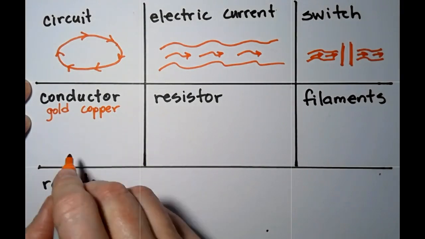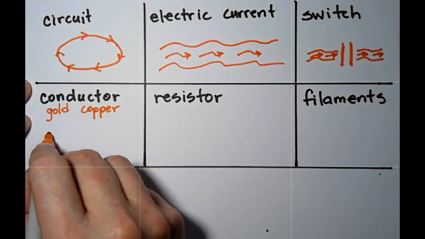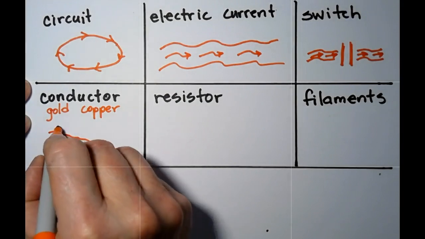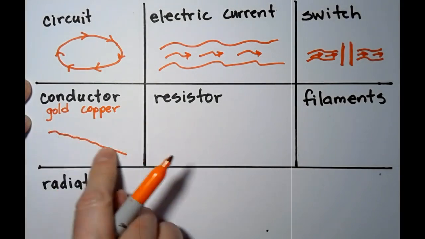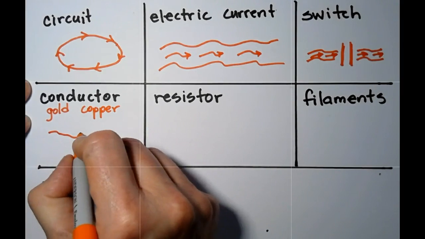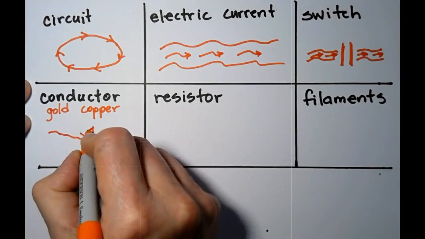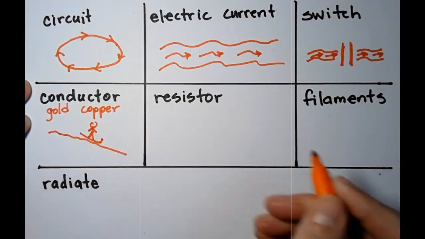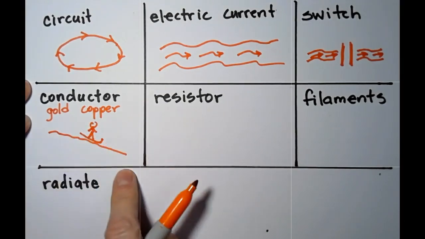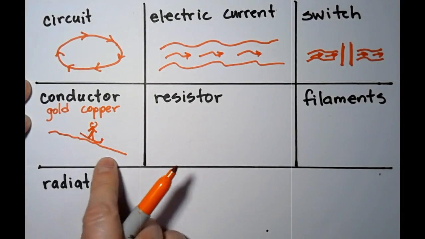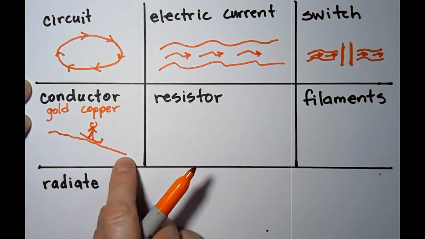Okay, but think of it as maybe a hill, and the hill has snow on it, and when there's snow on it, it allows the skier, and I'm not much of a drawer here, so it allows the skier or the sledder to travel more easily. Okay, so it's a conductor, easy travel for electricity.